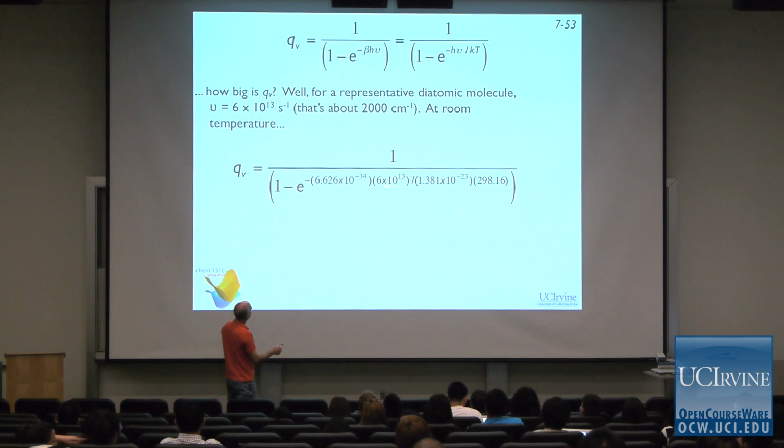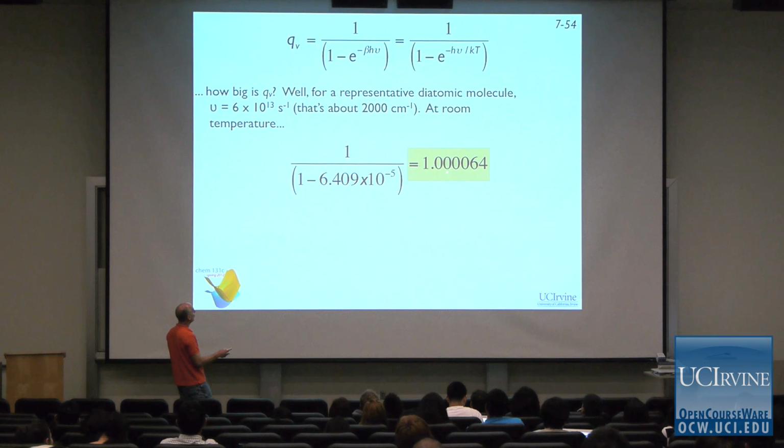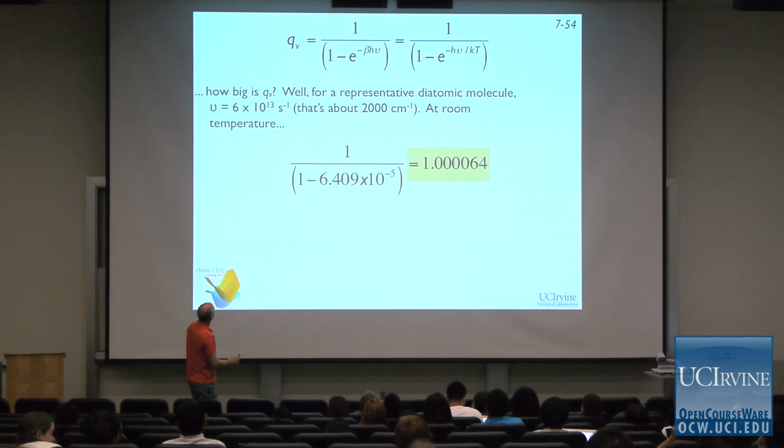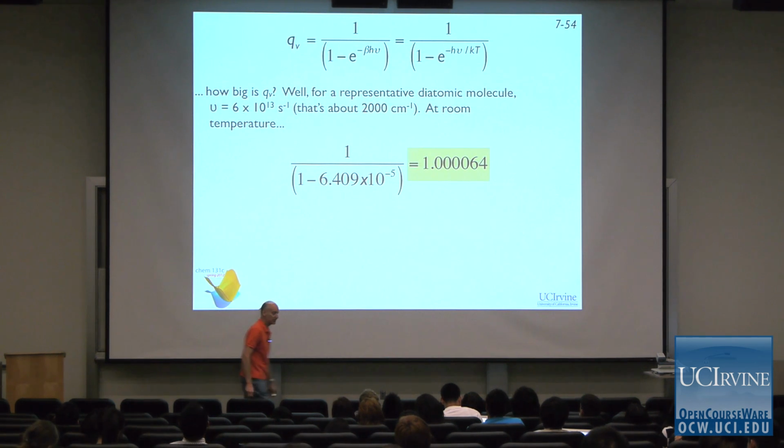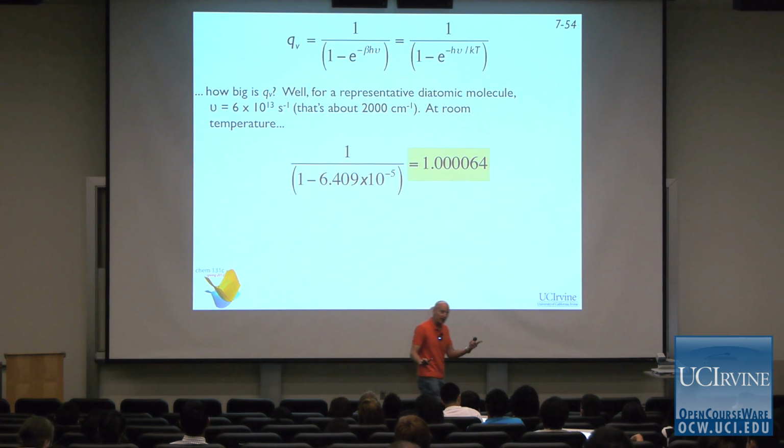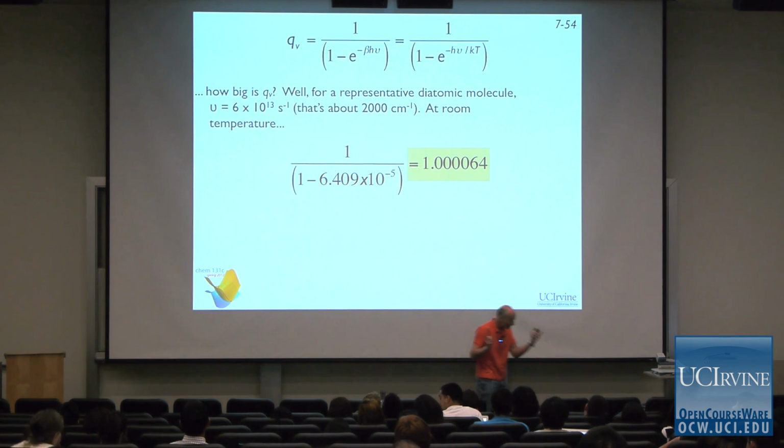If I plug in that number and calculate what Q is, I get almost exactly 1 for the partition function. At room temperature, the partition function is 1.0000064.